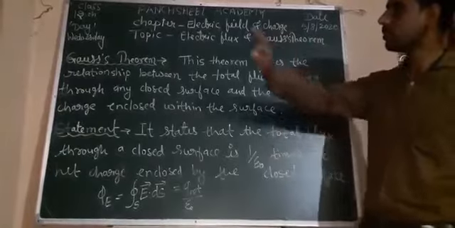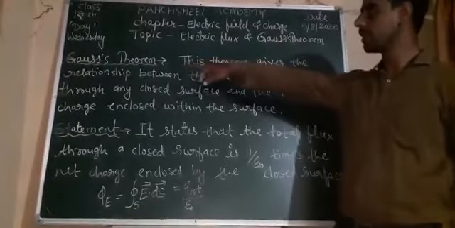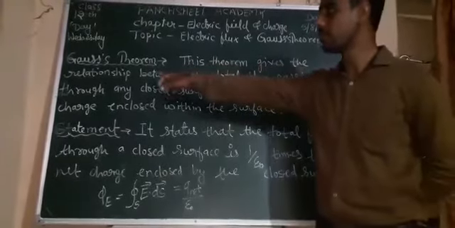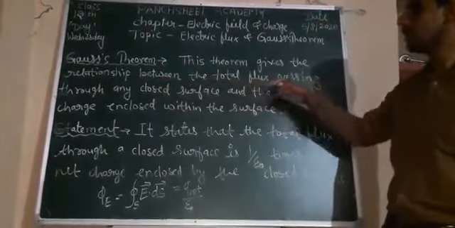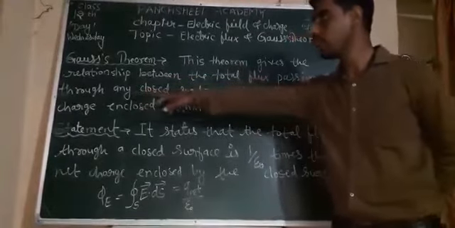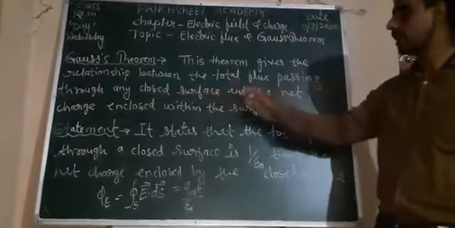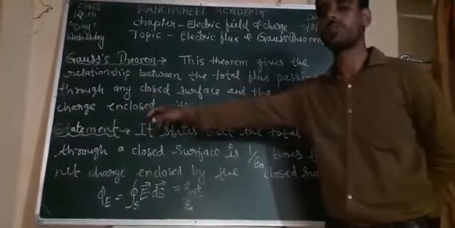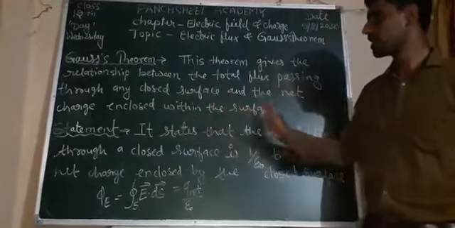Gauss theorem gives the relationship between the total flux passing through any closed surface and the net charge enclosed within the surface.